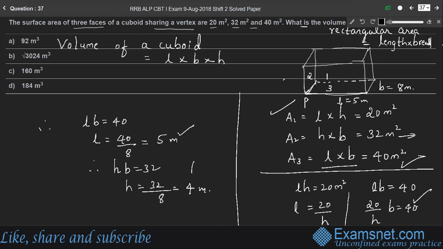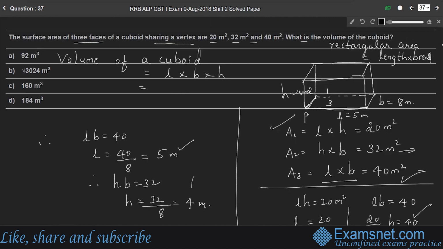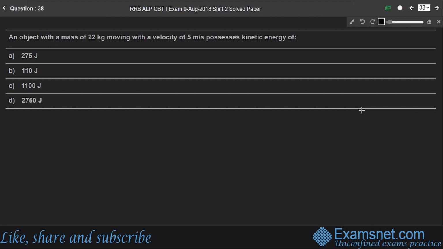Therefore, the volume of the cuboid is length into breadth into height, which is 5 into 8 into 4, so 8 into 5 is 40, 40 into 4 is 160 meter cube. The unit is meter cube for volume. Option C is the right answer.